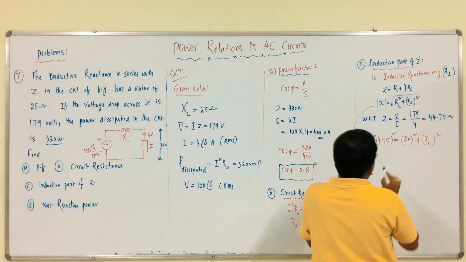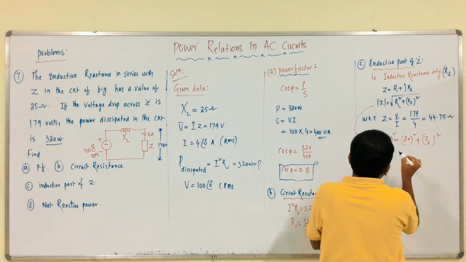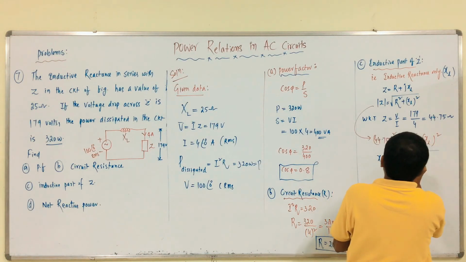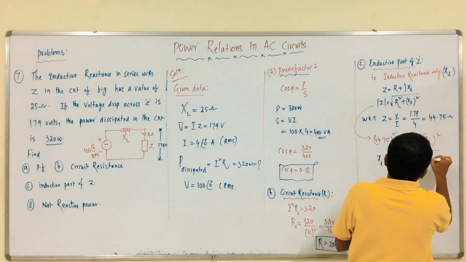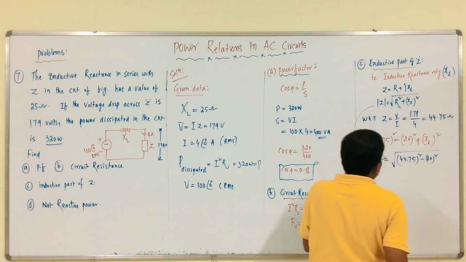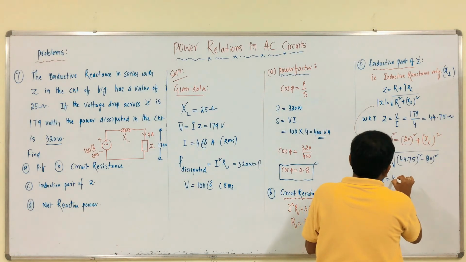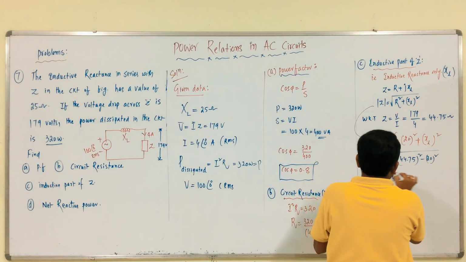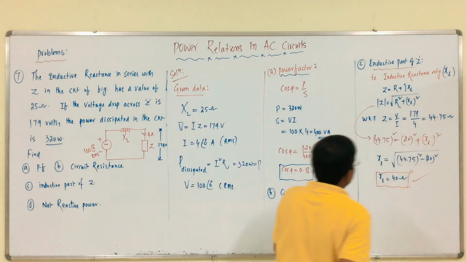So from this XL is the square root of 44.75 square minus 20 square. From this we can get 40 ohms. The answer is 40 ohms.